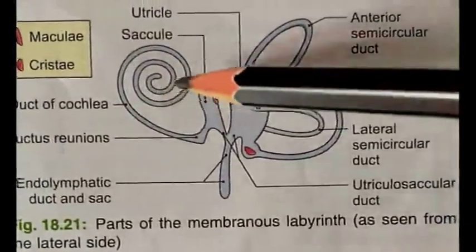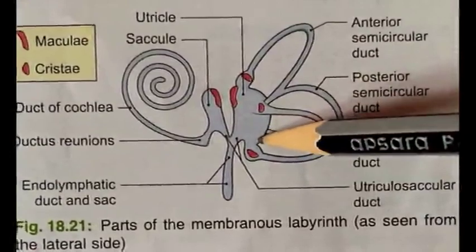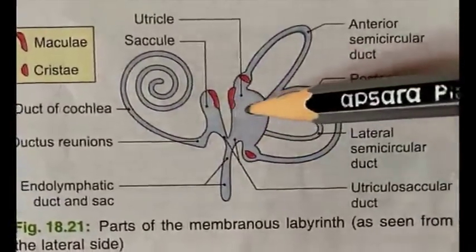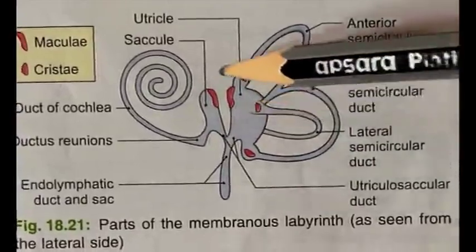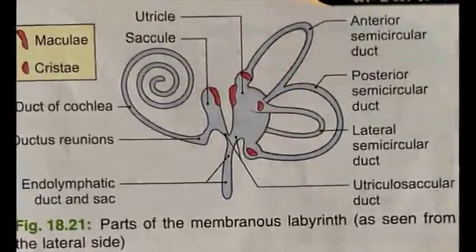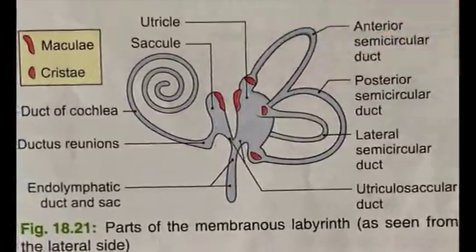Membranous labyrinth contains endolymph within it, and the membranous labyrinth is separated from the bony labyrinth by the presence of another fluid known as perilymph.